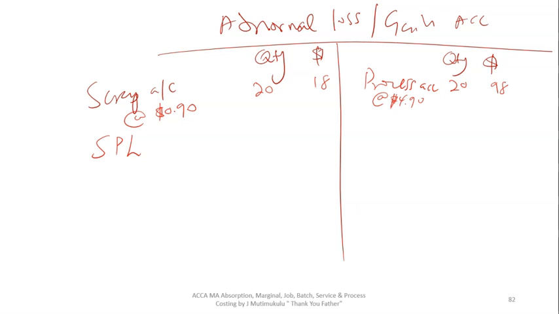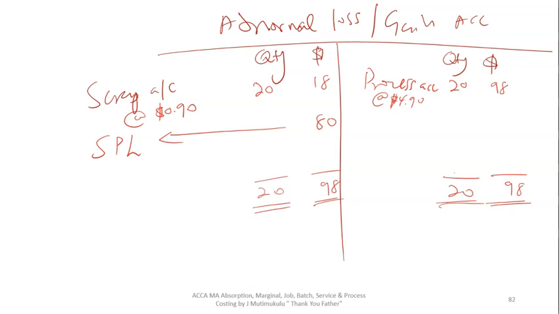If we total our columns, we should come to 20 and 98. Then here do the same, 20 and 98. The transfer to the statement of profit or loss should actually be the difference, and in this case we have 80 being transferred to the statement of profit or loss as a gain.